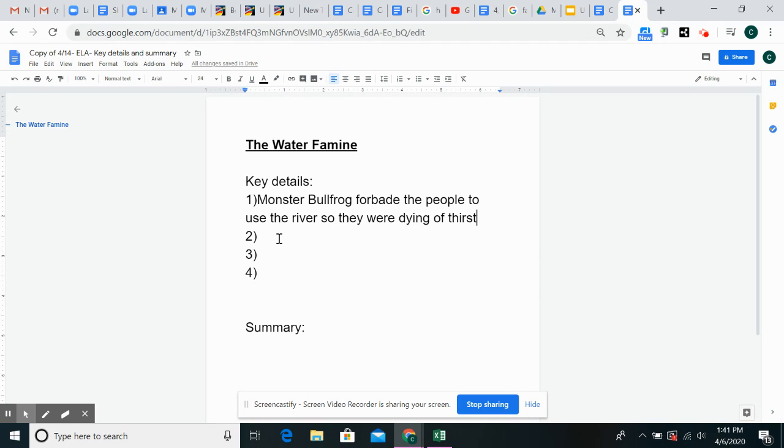Okay, next, think about what the next paragraph brought up. Next, the people did what? What did they do? They came up with a way to help solve their problem, right? This key event is also in paragraph 1. On line 2, it says, and I will write it in my key events.